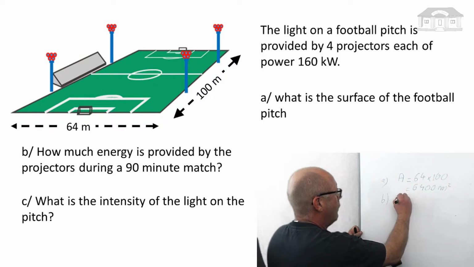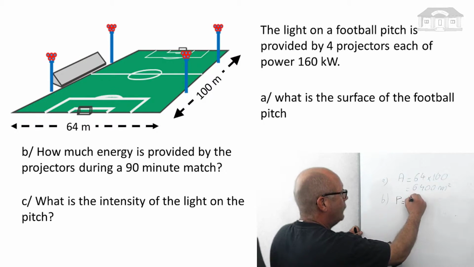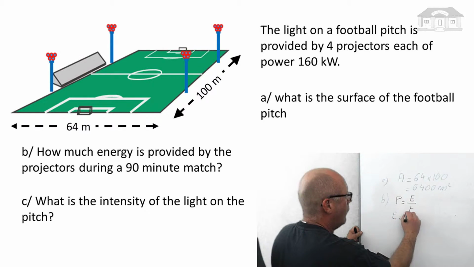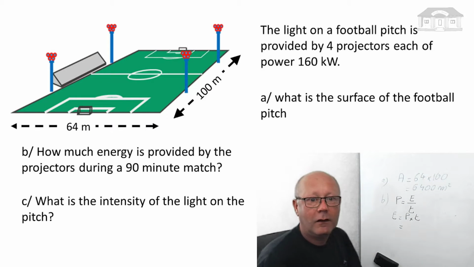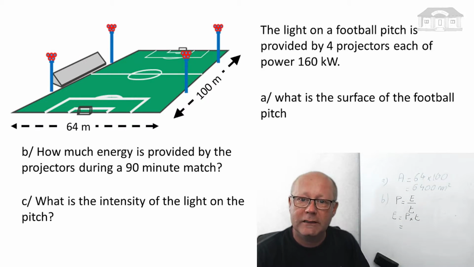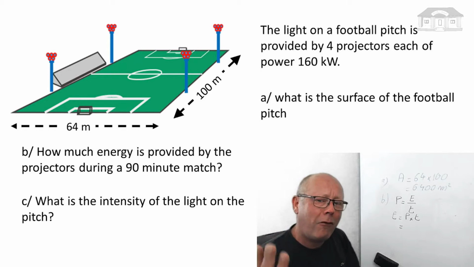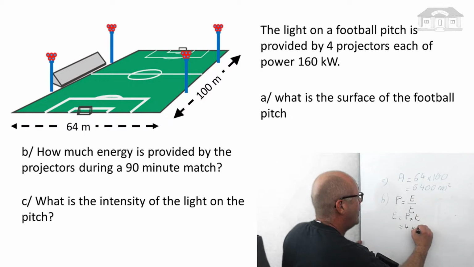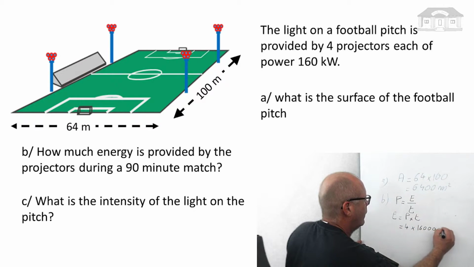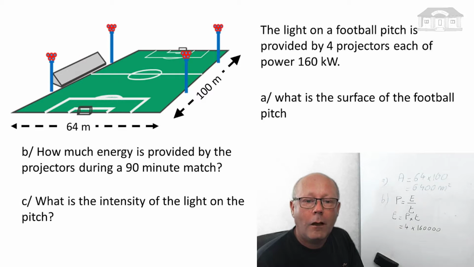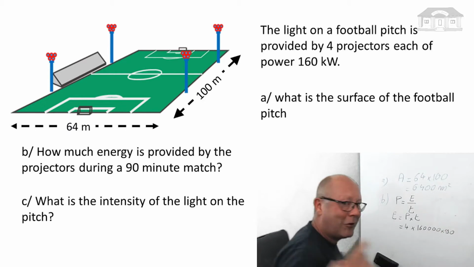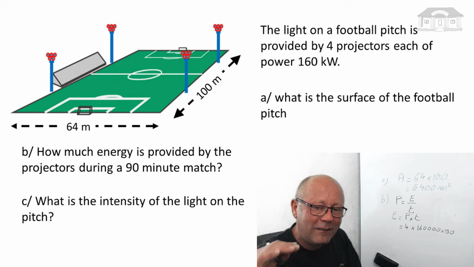We know that the power is the energy transfer per unit time. So the energy received would be power by time. The power is 160,000 watts by 4, because there are 4 projectors. And the time? Well, 90 minutes. But how many seconds? We have to stay in standard units.